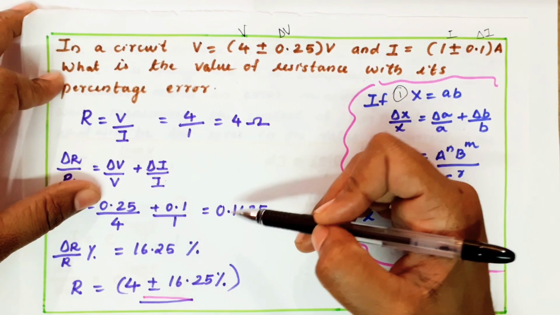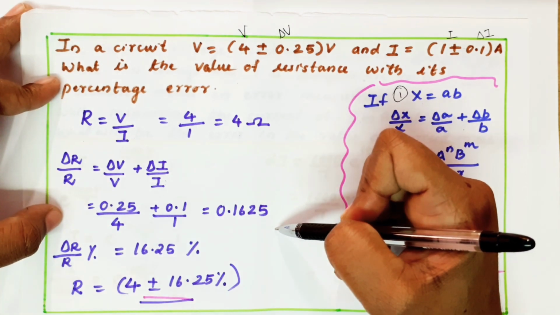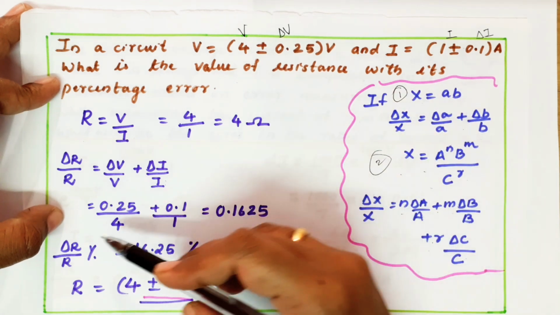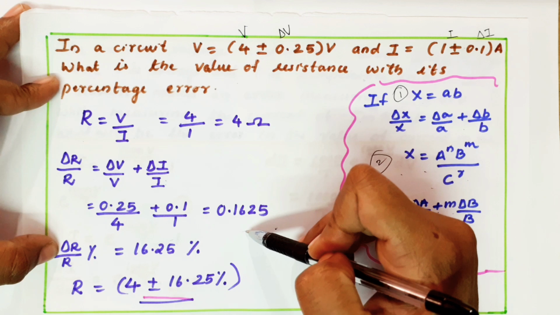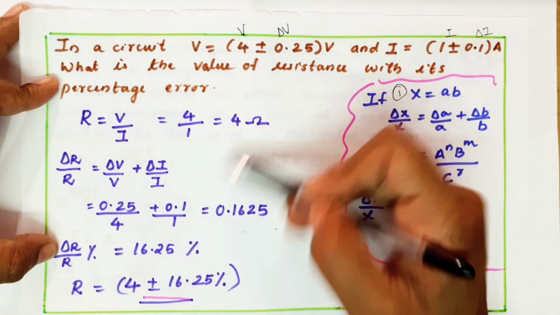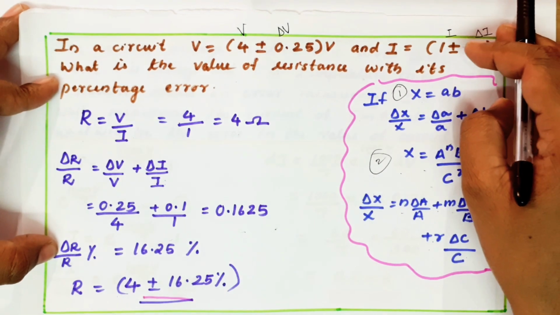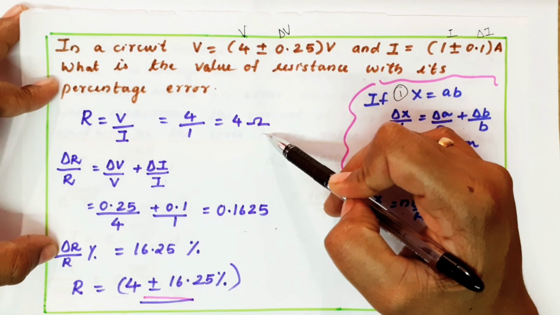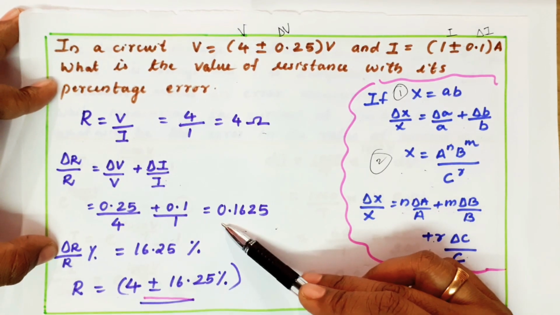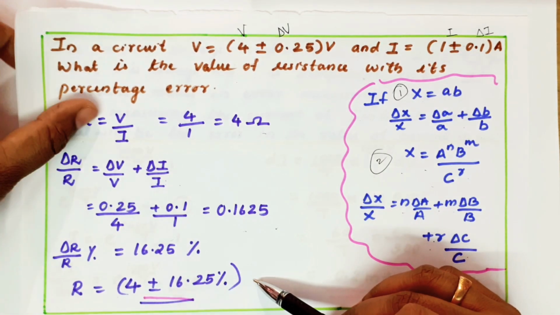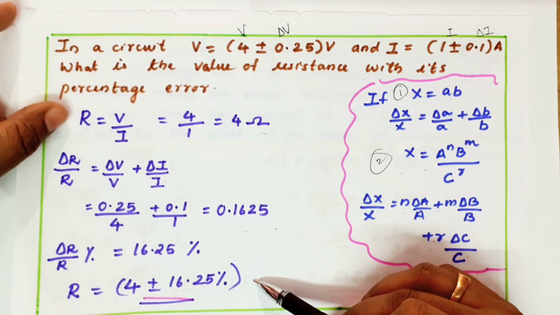If you solve this, we will get 0.1625. If you need it in percentage, multiply with 100, that is 16.25. What is the resistance value? R plus or minus 16.25 percent. So what I did, first I found R, then I found the error by using this equation, then I found the percentage error, and we are writing in this form. What is the form? 4 plus or minus 16.25.